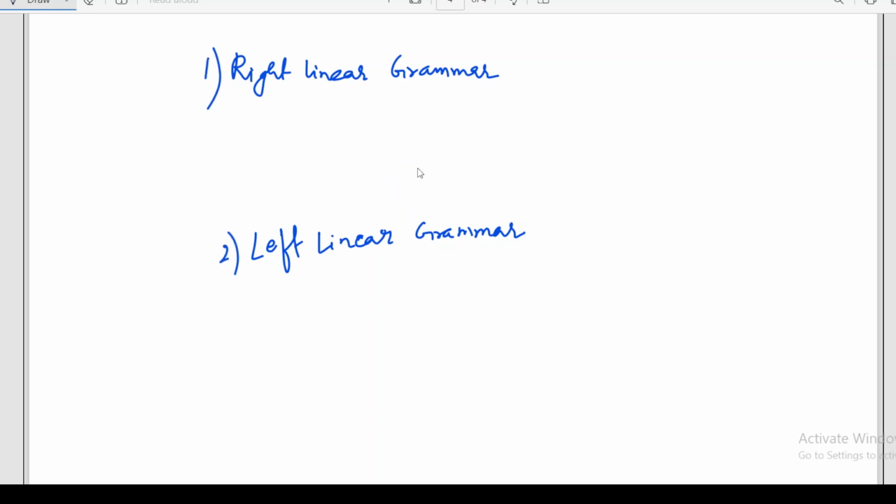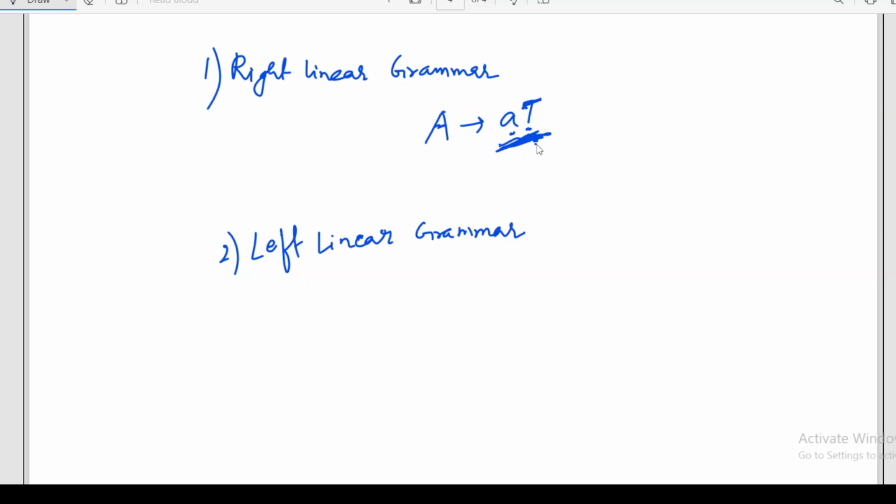Now, how do we differentiate between them? Because both are regular grammar, you can see the production rules can have productions like this: a non-terminal derives a, and some non-terminal after it on the rightmost side. So a single terminal followed by a single non-terminal, but the non-terminal is on the rightmost side.